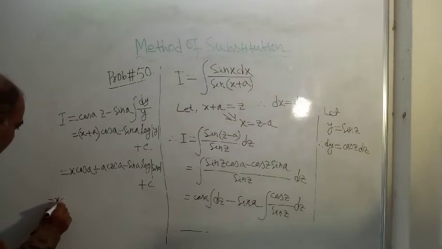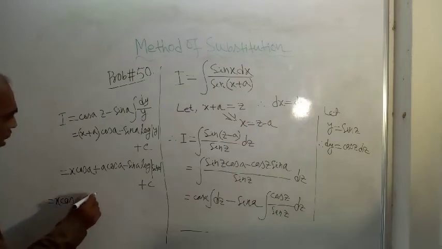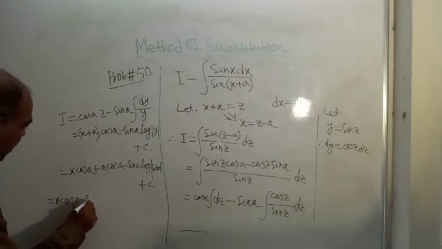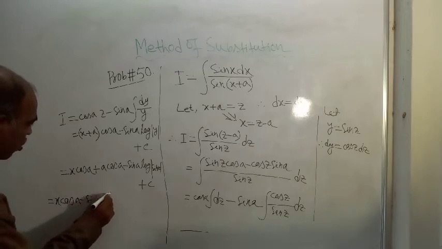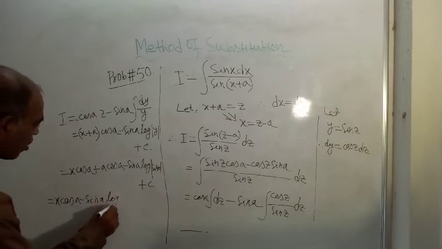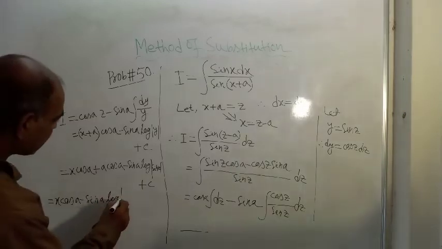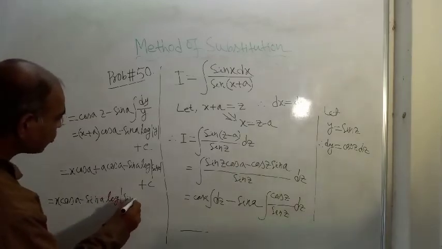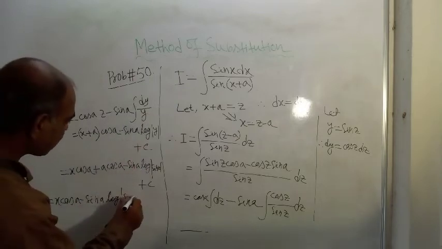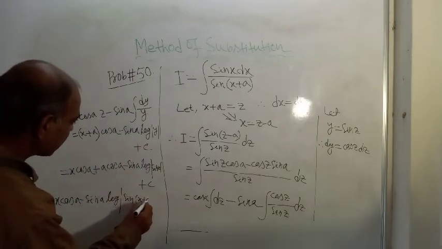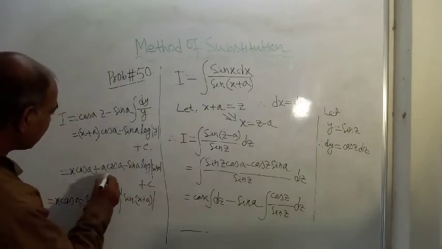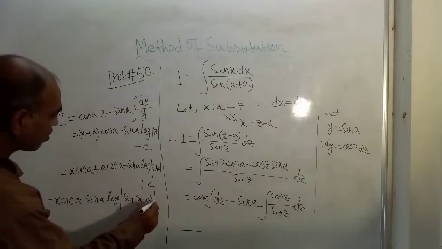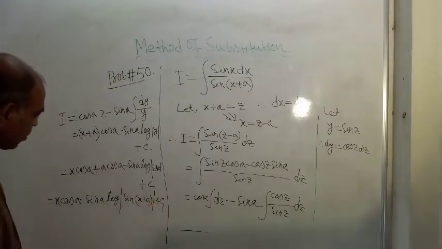So it is x cos a minus sin a log of sin z, and z is x plus a, and this constant plus this constant is equal to another constant c1.